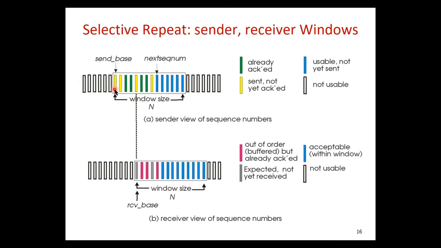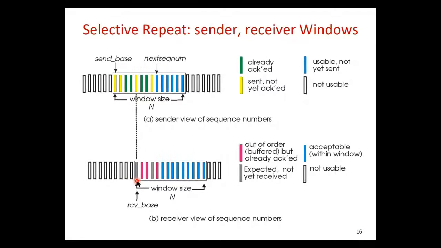So the sender did not receive ACK of 5 and 6, and therefore 5 and 6 are still in the state not yet ACKed. The sender received ACK of 7 and 8, so they're marked as green. But as far as the receiver is concerned, it has received 5, 6, 7, 8. So it slid its window to the right, and it stopped at 9. That's exactly the reason.